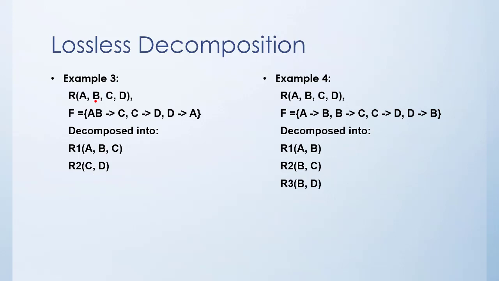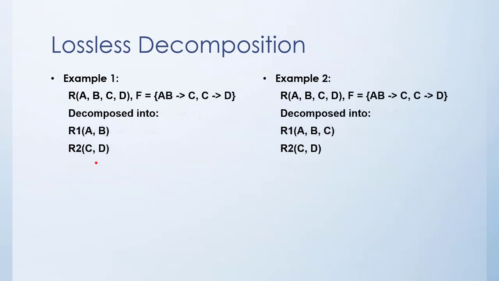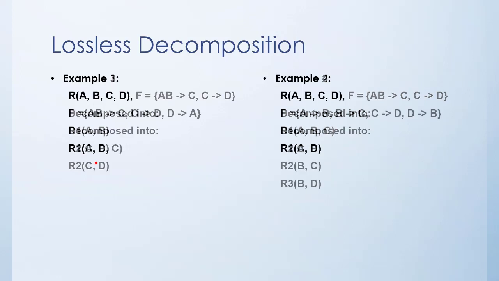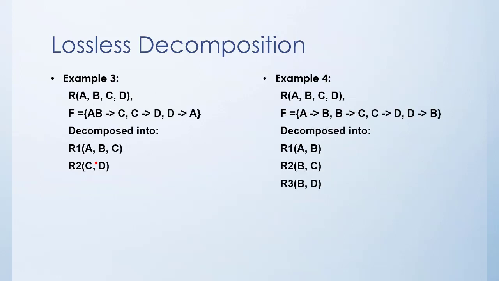Here the relation is with A, B, C and D, and the functional dependency set is given by AB determines C, C determines D and D determines A, where it is decomposed into A, B, C, and the second relation is C, D. We have already seen in example 2 that it satisfies all three conditions of lossless decomposition. So we can say that it is a lossless decomposition, but we have seen that it is not a dependency preserving decomposition. It is in BCNF also.